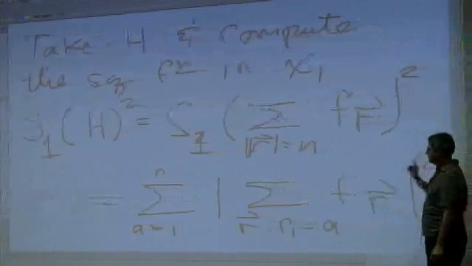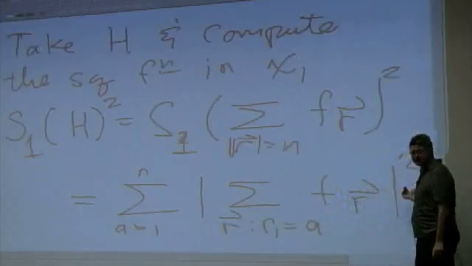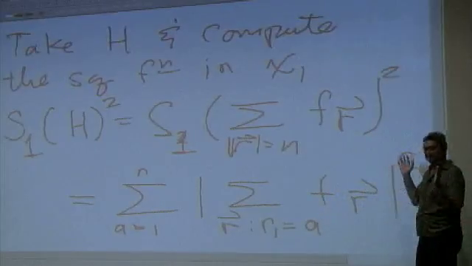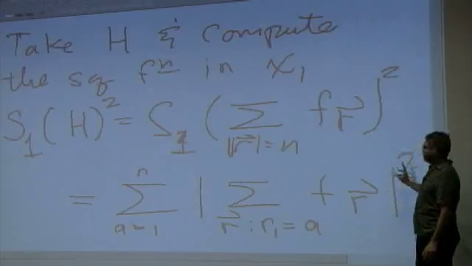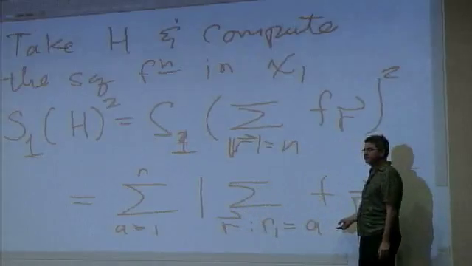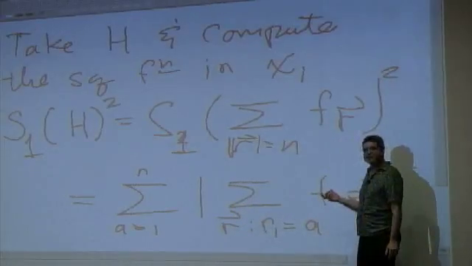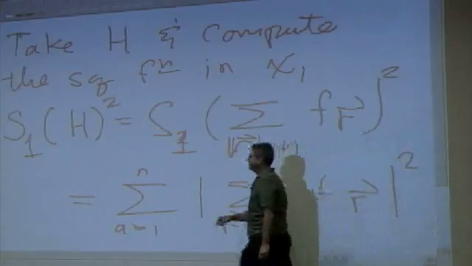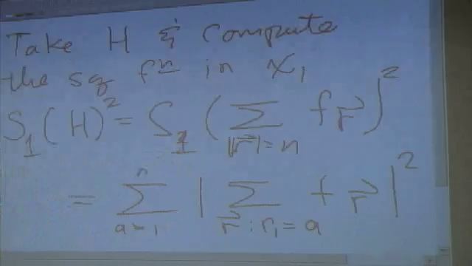When you consider the square here, you can pair an f_R with itself. That's nice and simple. That's 1. Otherwise, you have two vectors of the same length that are distinct but agree in the first coordinate. So S1 of h squared is, well, I get the case where the two vectors agree. That can occur in basically n squared ways.